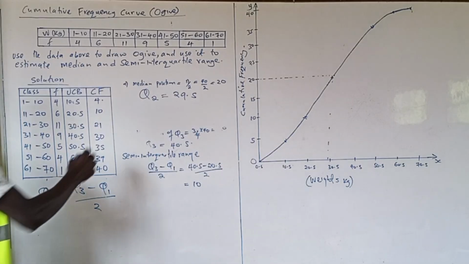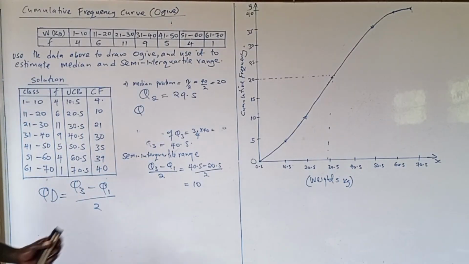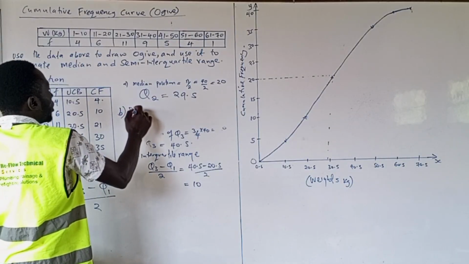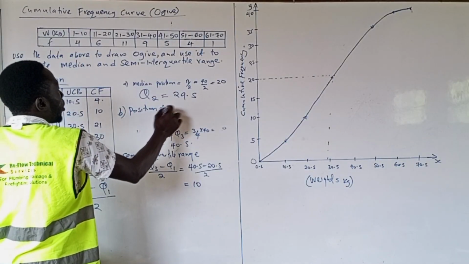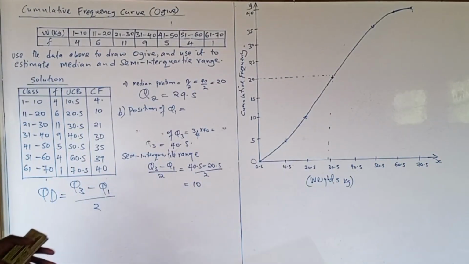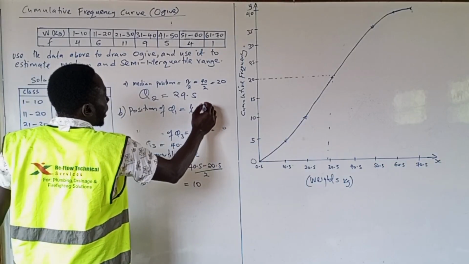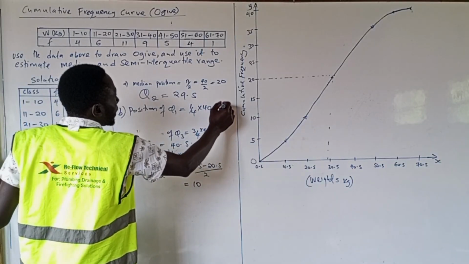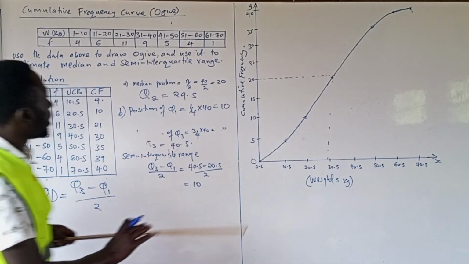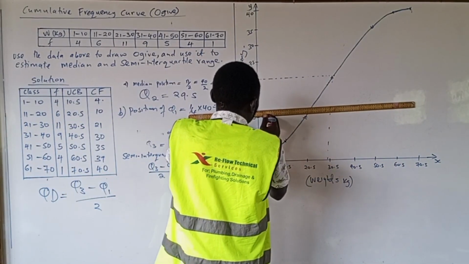Lower quartile is Q1. So you first get its position. Position of Q1 is the first quarter, which is 1 over 4 times 40, and you get 10. So you go to where 10 is in your graph, then you come and read using your graph.